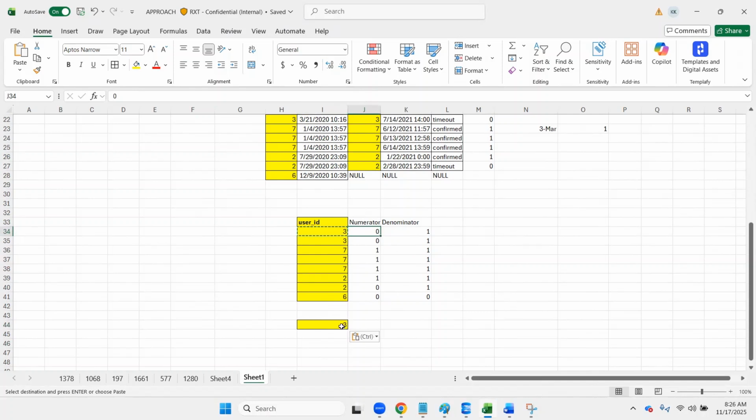If you aggregate user 3, you get only one record, and the numerator sum is 0. For the denominator, we count how many times, and here the count was 2. Similarly for 7, applying aggregation we get only 7, and here we apply the sum.